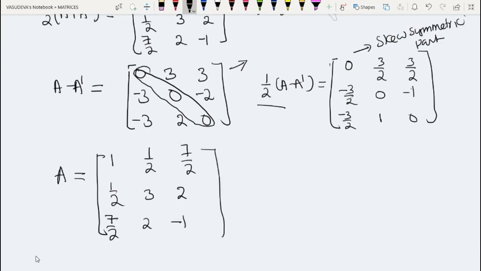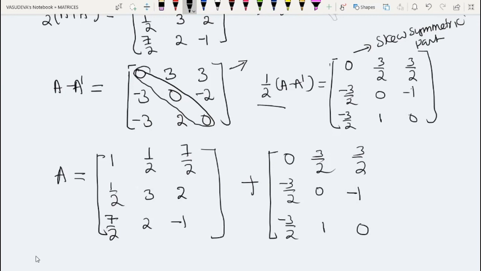So this is the symmetric part, plus the skew symmetric part, written here as 0, 3 by 2, 3 by 2, minus 3 by 2, 0, minus 1, minus 3 by 2, 1, 0.